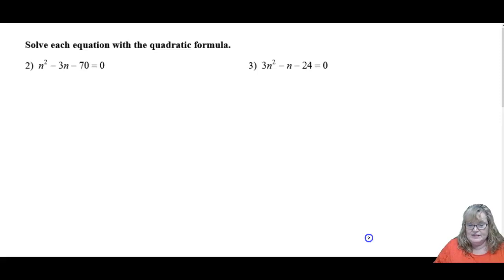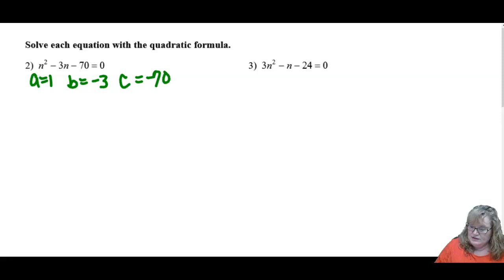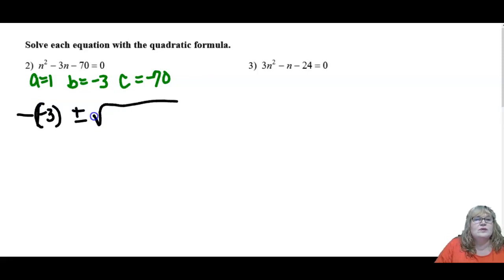All right, let's try some. So here a is 1, b is negative 3, and c is negative 70. Lovely numbers. So the quadratic formula says the opposite of b plus or minus the square root of the b squared minus, remember the 4 comes with the formula.